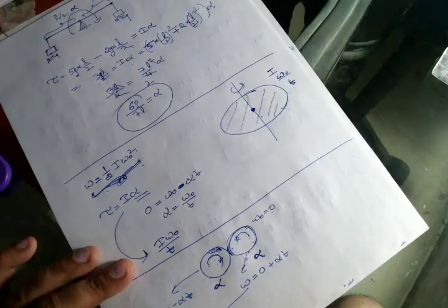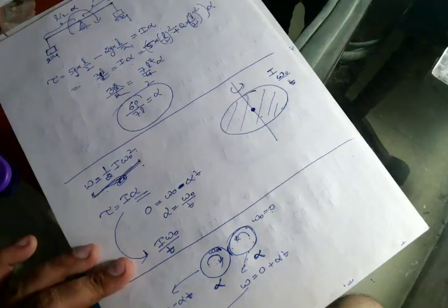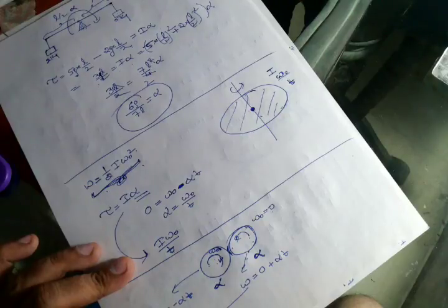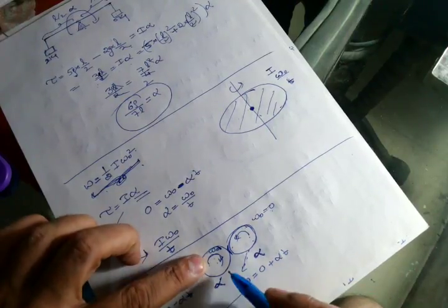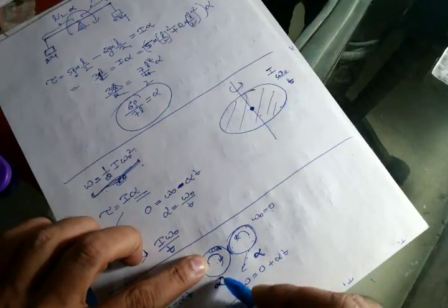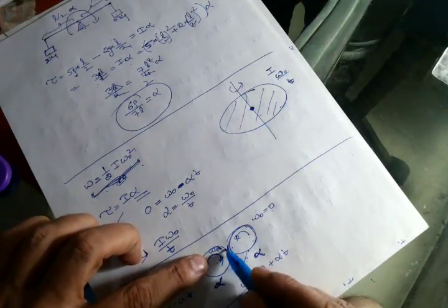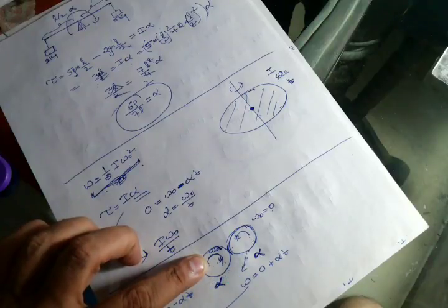So alpha t is equal to omega naught minus alpha t. So t will be omega naught over 2 alpha. So after this much time, both will have the same angular velocity.